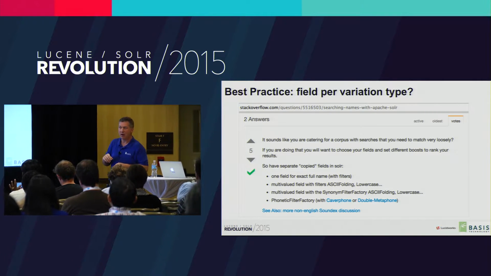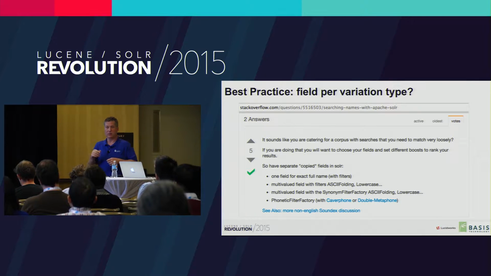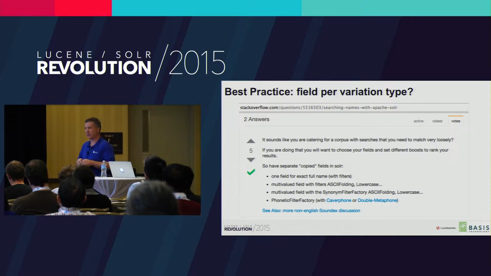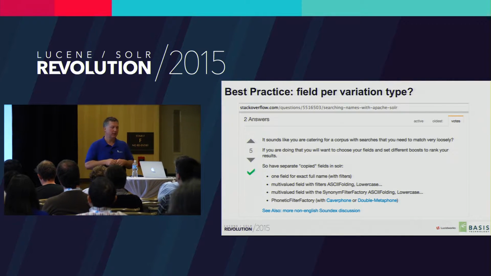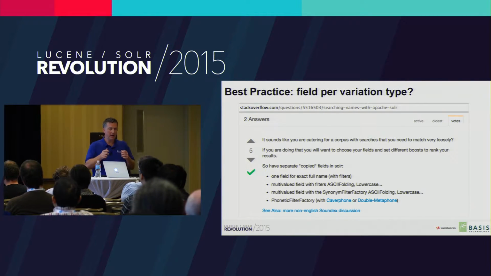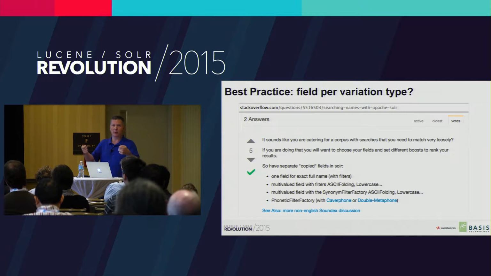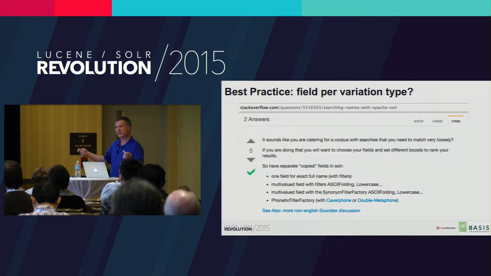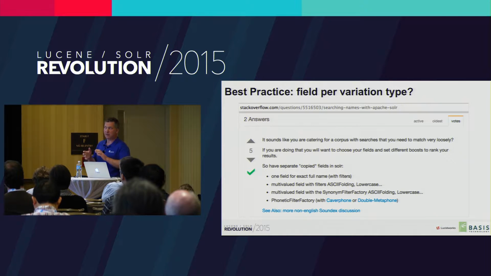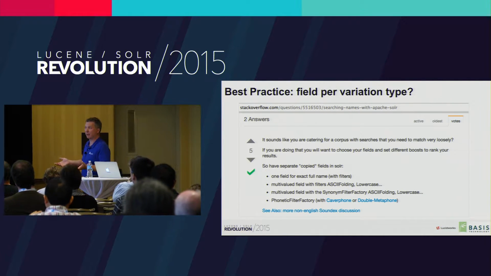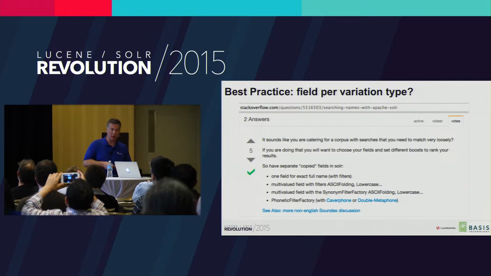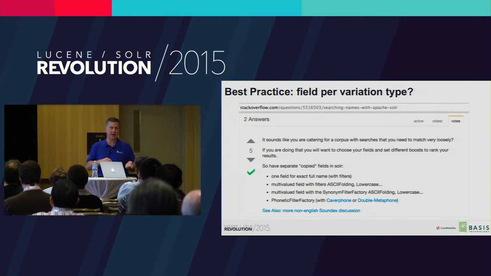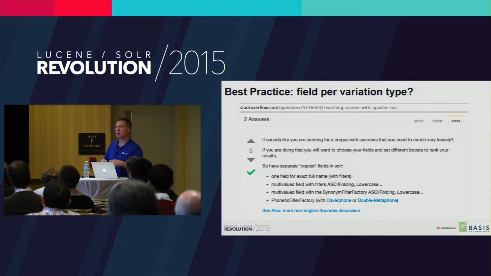So you might have a field that deals with phonetic matches, one that deals with non-Latin characters using like an ASCII folding filter, and that list can go on. The more of those phenomena you want to cover, the more of those fields you need. And that does two things. One is it makes your queries really complicated. Doable, but messy. But it also drives your recall up. Because every one of those fields has the opportunity to match partially, you end up with a lot of noise in your queries.